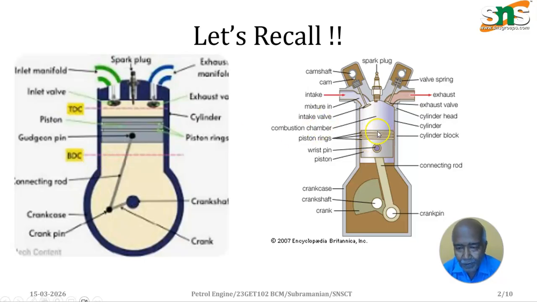The piston is located with the gudgeon pin, and this is the whole assembly of the piston, which is located inside the cylinder and connected to the crankshaft with the help of the crank pin and connecting rod. The crank will be rotated about a single point, which rotates the crankshaft. The crank pin, which is situated on the crankshaft, will move up and down and tends to move the piston up and down.